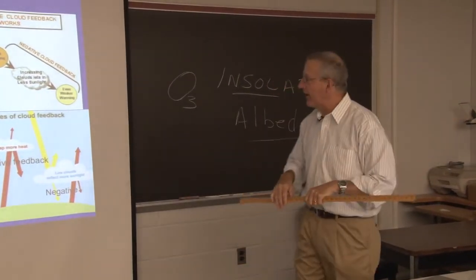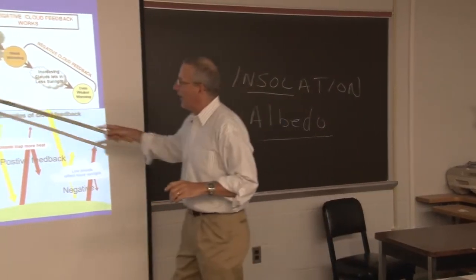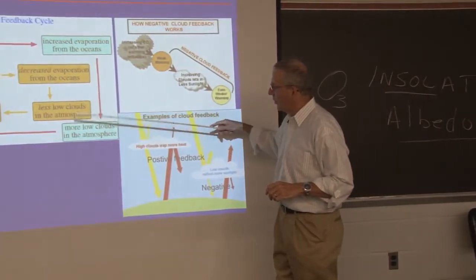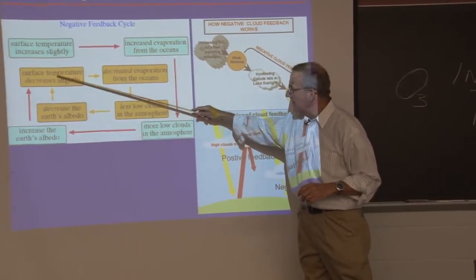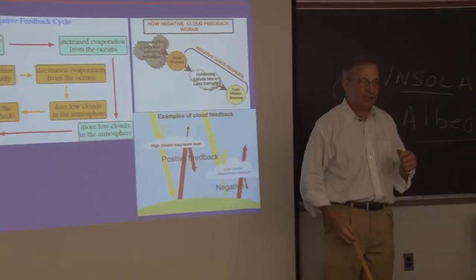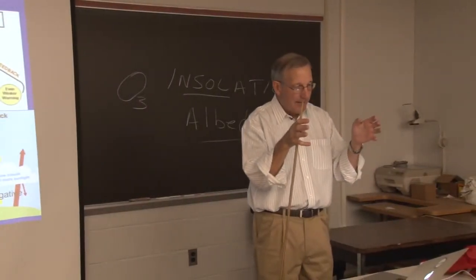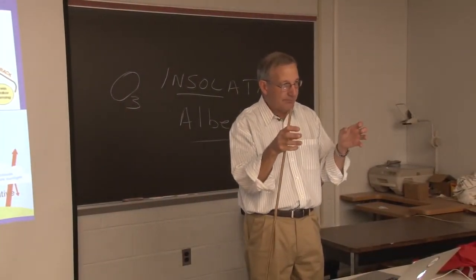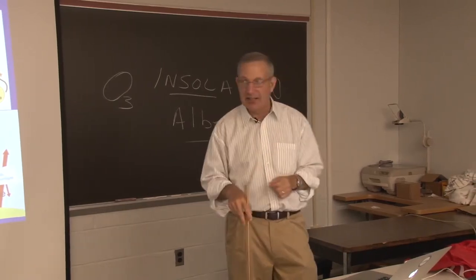Okay, that ends up as a negative feedback because what you have is increased evaporation, more low clouds, which basically decreases the temperatures, decreases evaporation, and the whole process serves as a thermostat. That negative feedback offsets the warming that's occurring in Jamaica. So the temperatures tend to stay at a constant temperature.